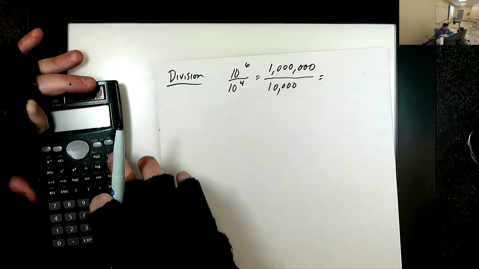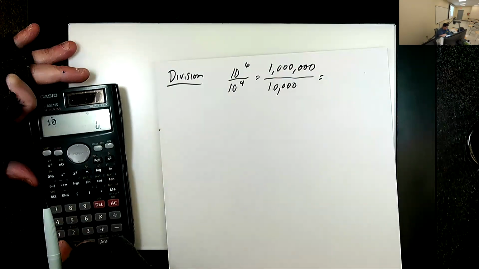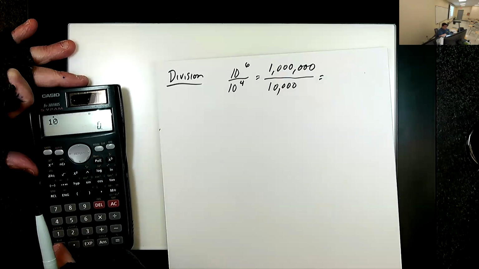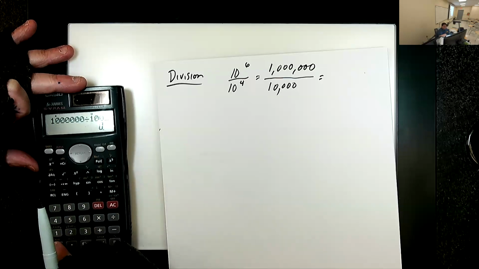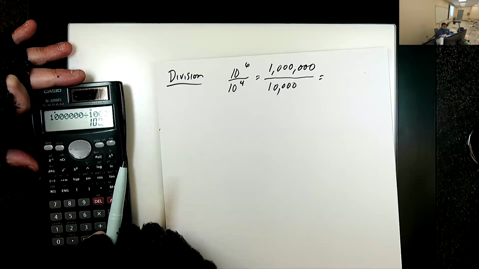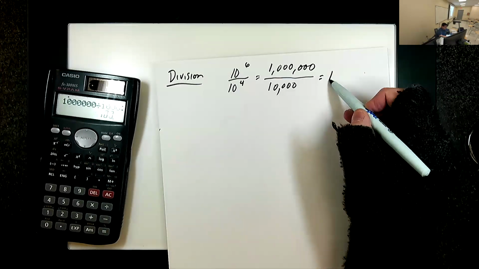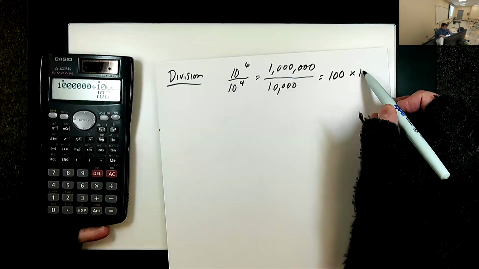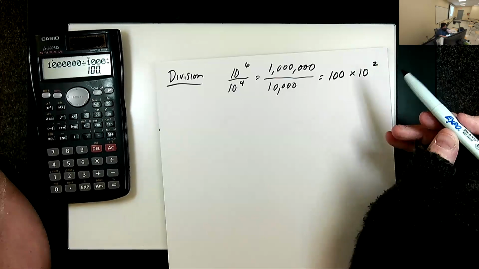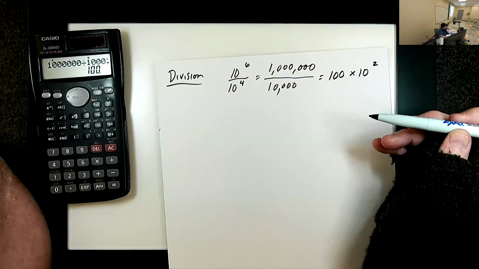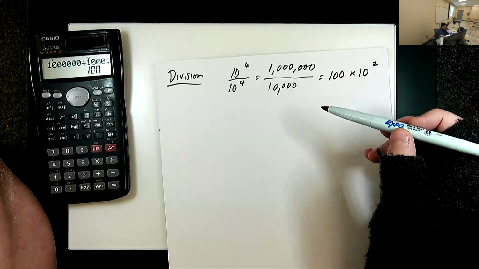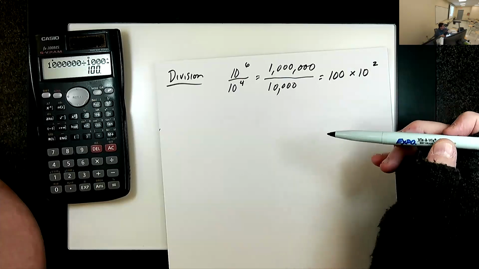And if I don't know what to do with that, I can always put it in the calculator. 100, which is 10 to the 2nd power. Is there a relationship between the exponents here?